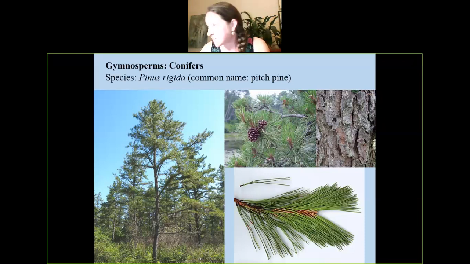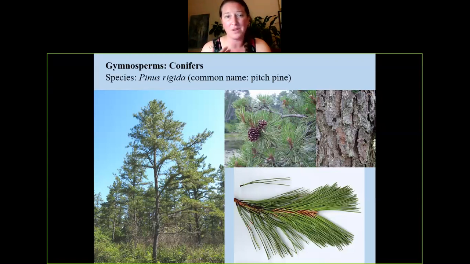But the easiest way to tell the pitch pine out of all the other pines, because a lot of pine trees look the same, even to me, a plant person, right? It's a spiky thing with a cone. The easiest way to tell a pitch pine apart from other pines is that the needles are grouped in threes in a fascicle. So the pitch pine has 3 needles per fascicle.